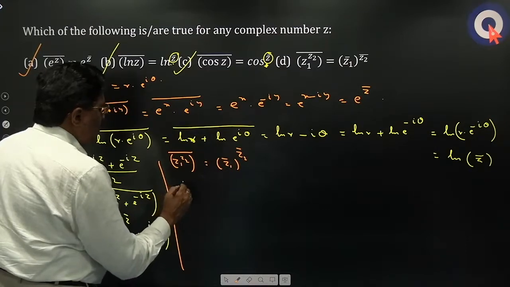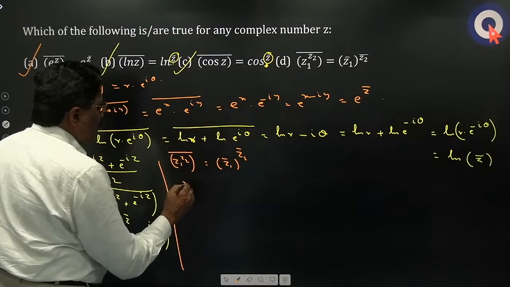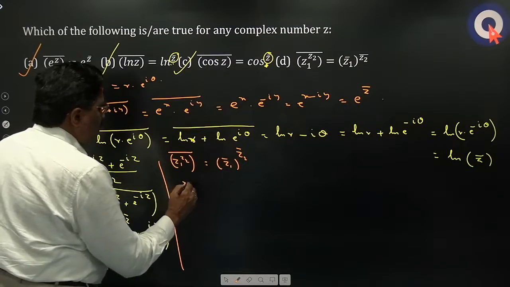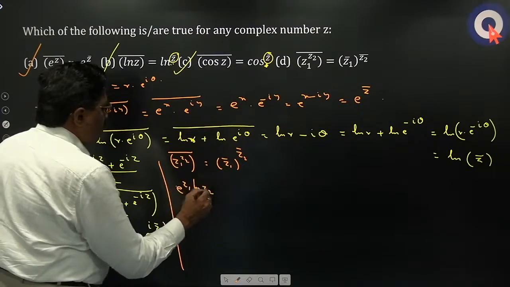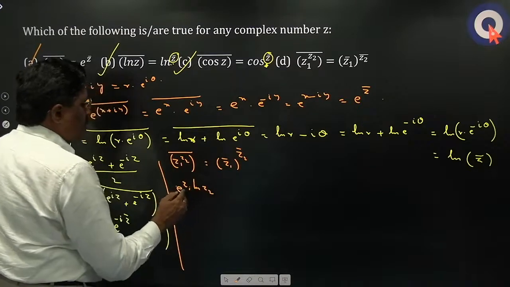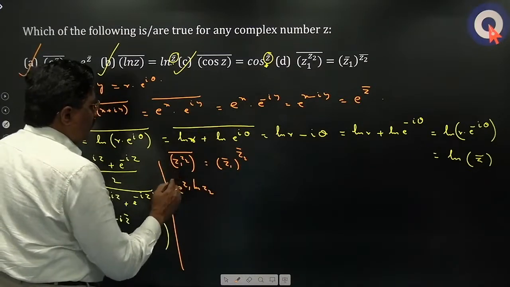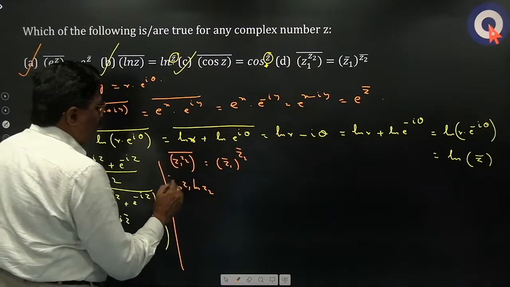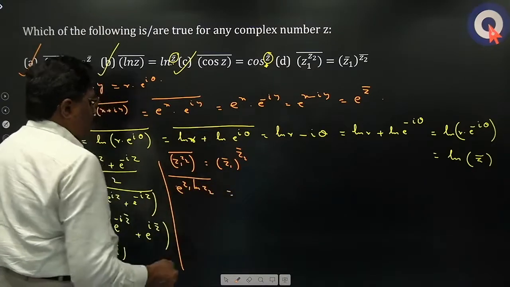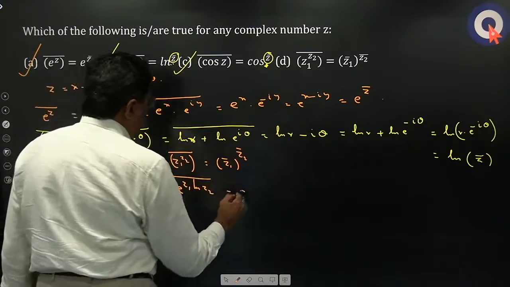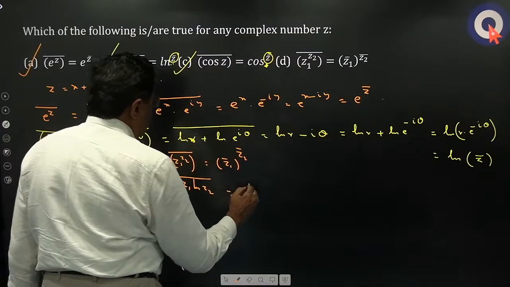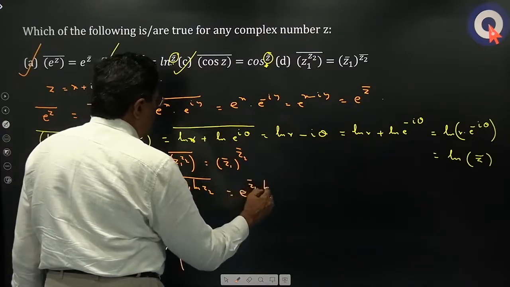So e power z1 log z2. Shall I write like this? So I'll write z1 power z2 like this, the conjugate of this. So this is e power z1 bar log z2 bar.